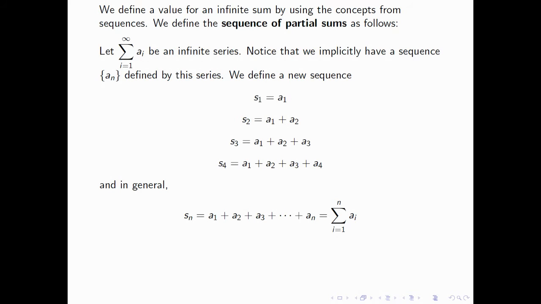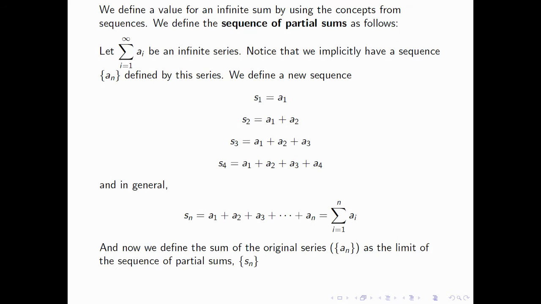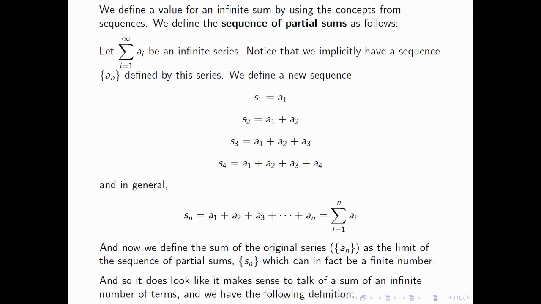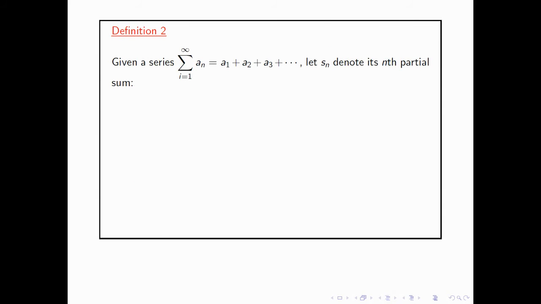And now we are going to define what we mean by this infinite sum that we started with, this infinite series, the sum from 1 to infinity of ai. We're going to define it in terms of the convergence of this new sequence that we've created, the sequence of partial sums. And this is how we do it. All right? We say, given a series, the sum from 1 to infinity of an, notice there's no limit.